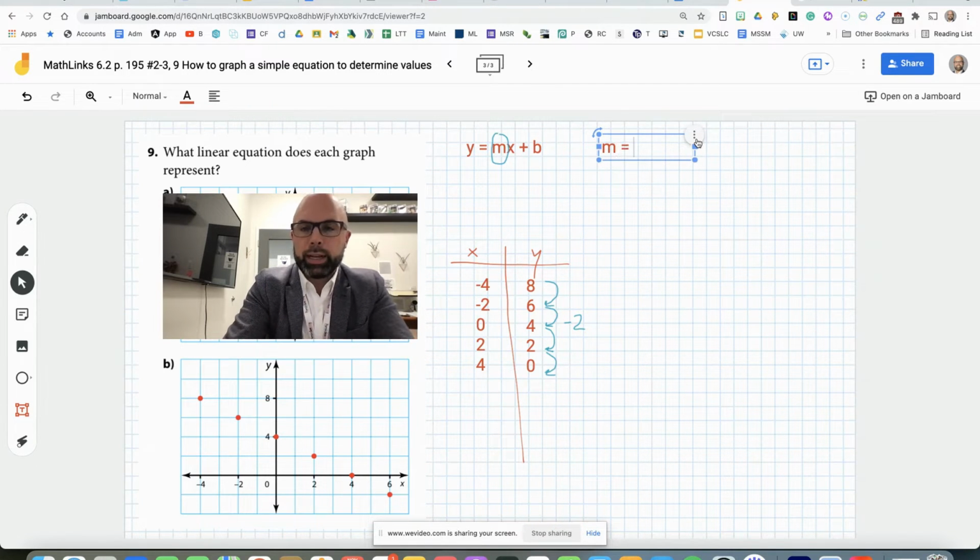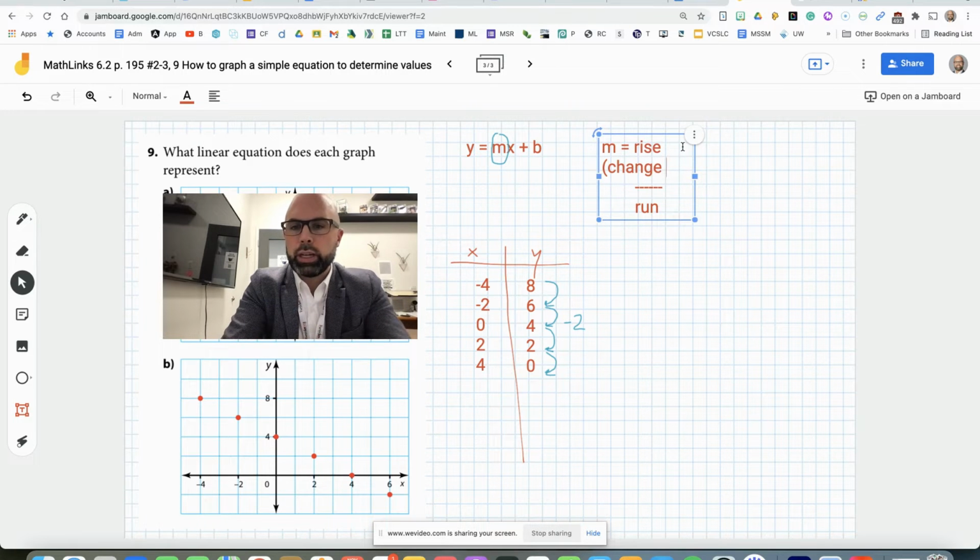M actually represents rise over run. Or another way of thinking about rise and run is the change in y over the change in x.